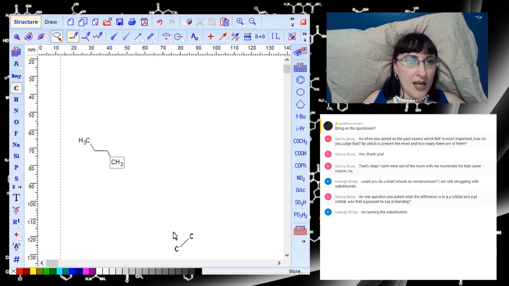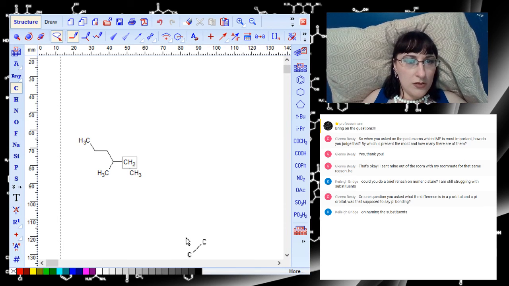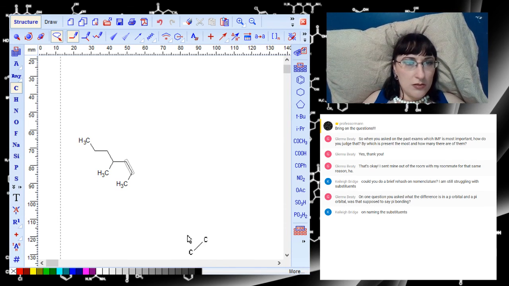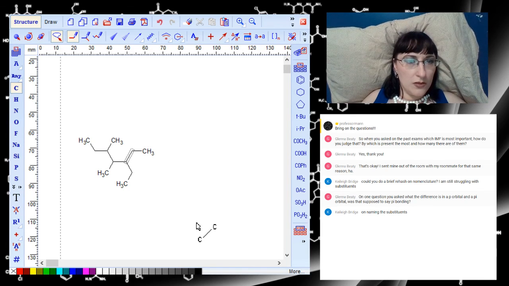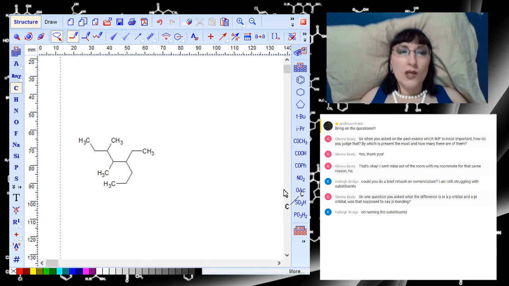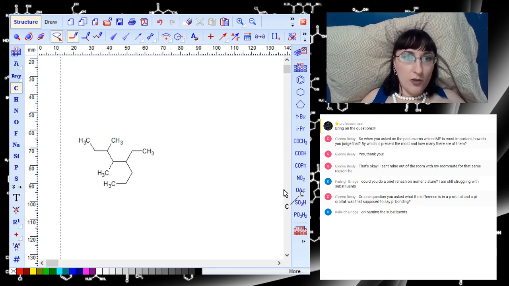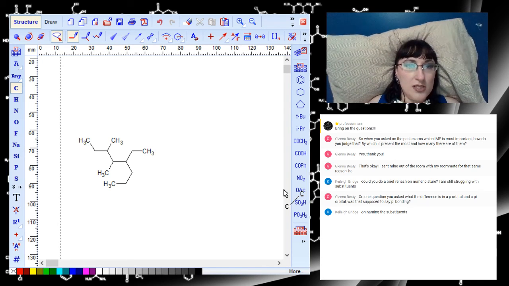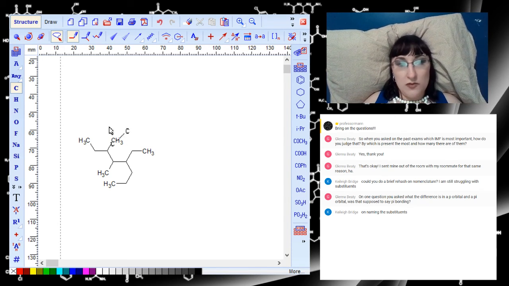So let's say I have this molecule, and I'm just making random things at this point. If you're looking at this molecule I have on the screen, you can see that it has a handful of substituents on it.